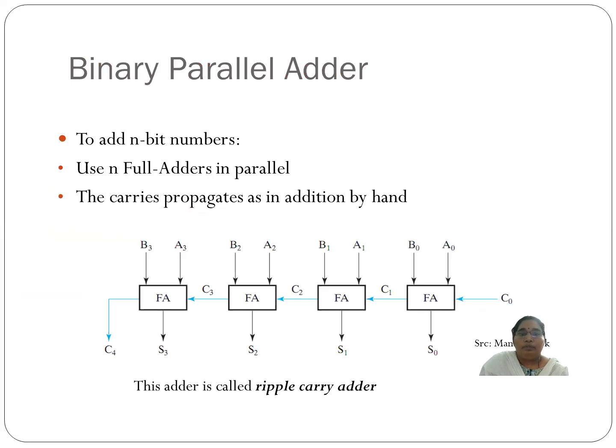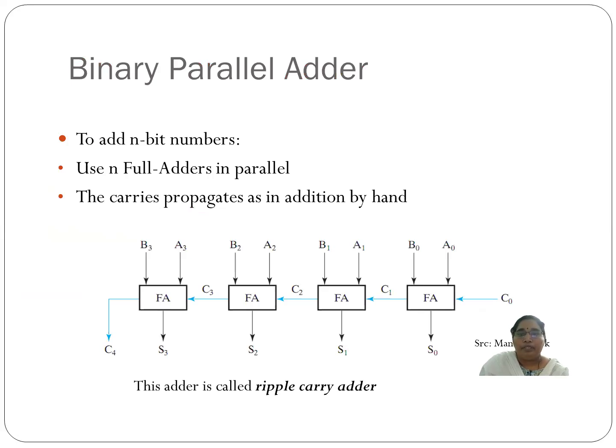Now this circuit is called a ripple carry adder because the carry started at the least significant position, and from that position it is going through all the full adder stages to the end of the last full adder. So carry is rippling from one end to another.